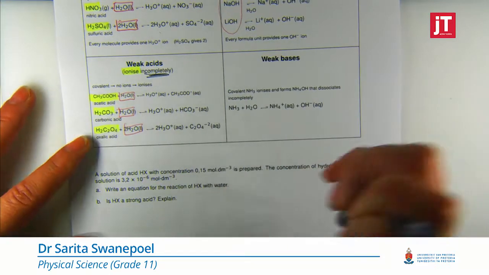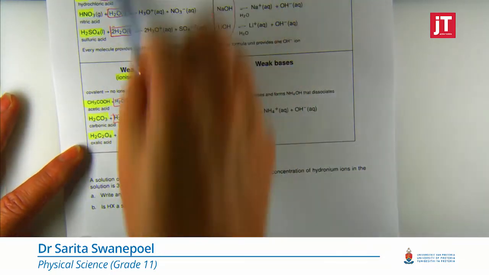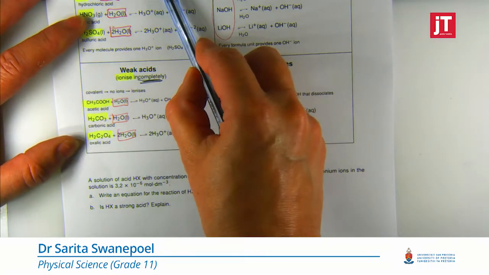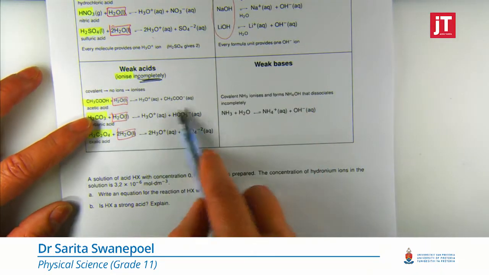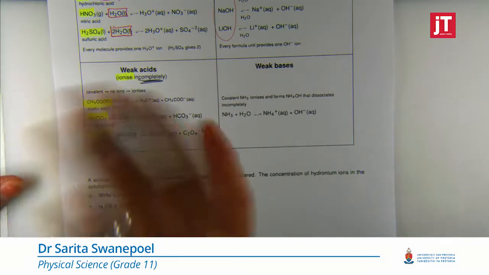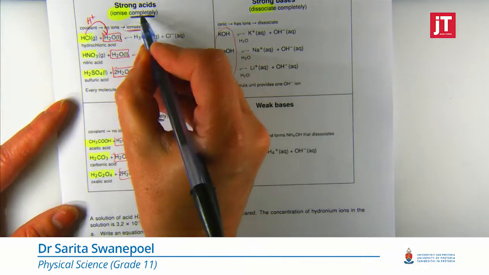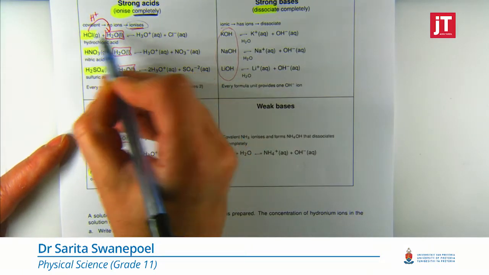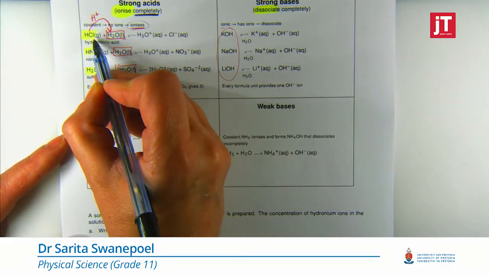Right. Let's go on. So all the acids ionize. Strong ones ionize completely. Weak ones ionize incompletely. Now, if you want to, you don't have to. Up to matric, you don't have to. But if you want to, you can show the completeness when you draw arrows, right? The forward reaction and the reverse reaction can happen.